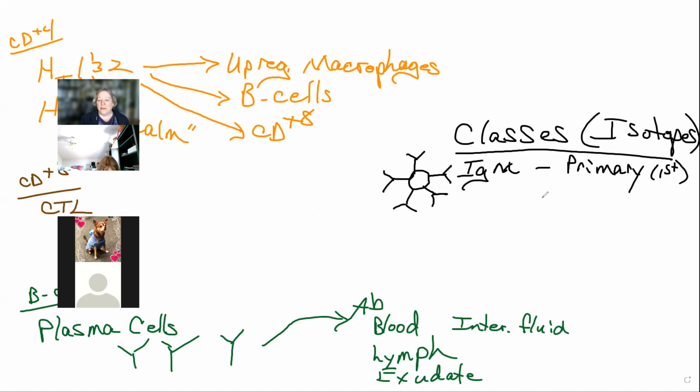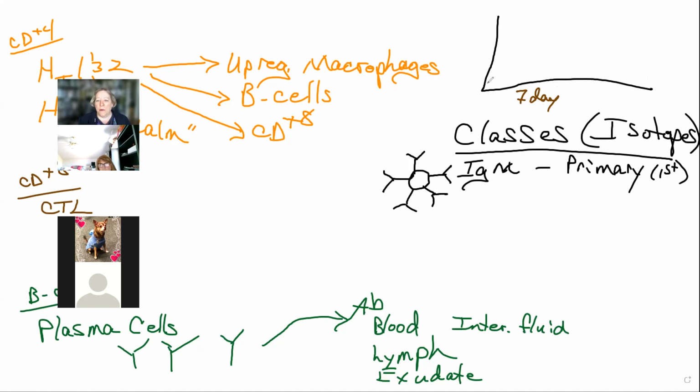So say I'm doing a vaccine for somebody, and let's say 7 days later, that's enough time for an adaptive immune response to show up.